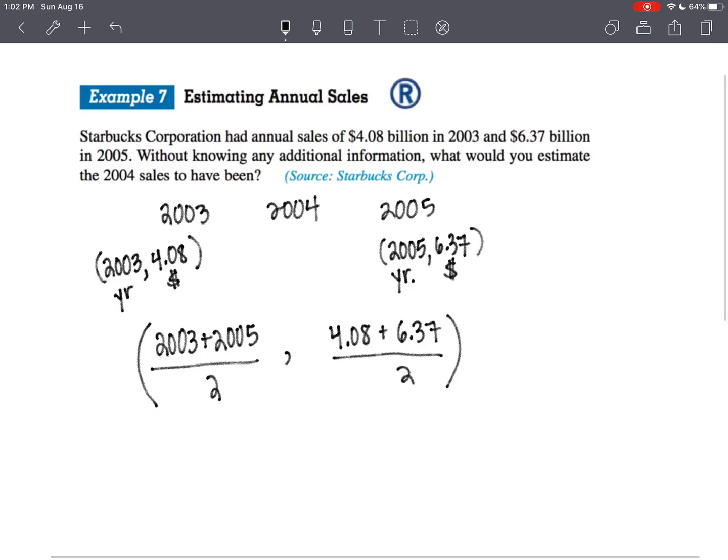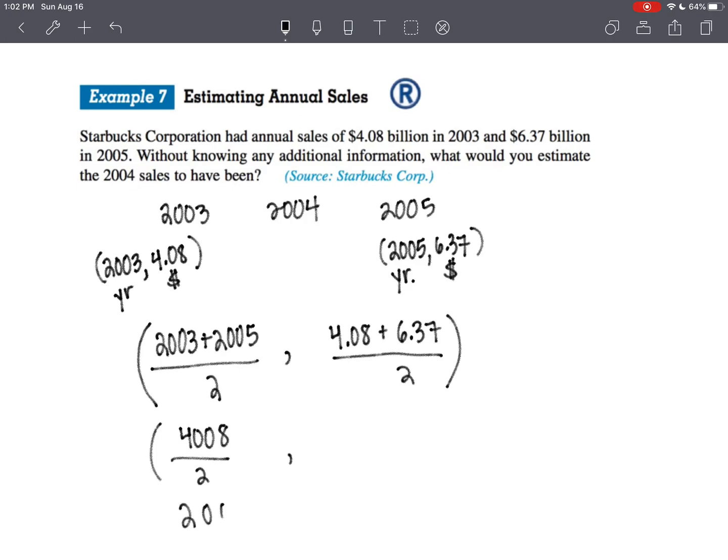So let's see what we've got here. We've got 4,008 divided by 2. Well, that's 2004. Look at that. 2004. That's exactly what we're looking for. And then 4.08 plus 6.37. Well, I'm getting 10.45 divided by 2. I'm going to attempt to do this in my head.